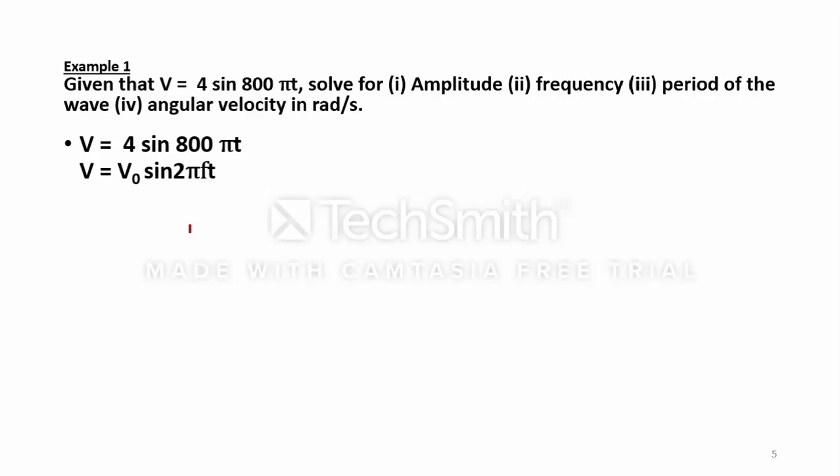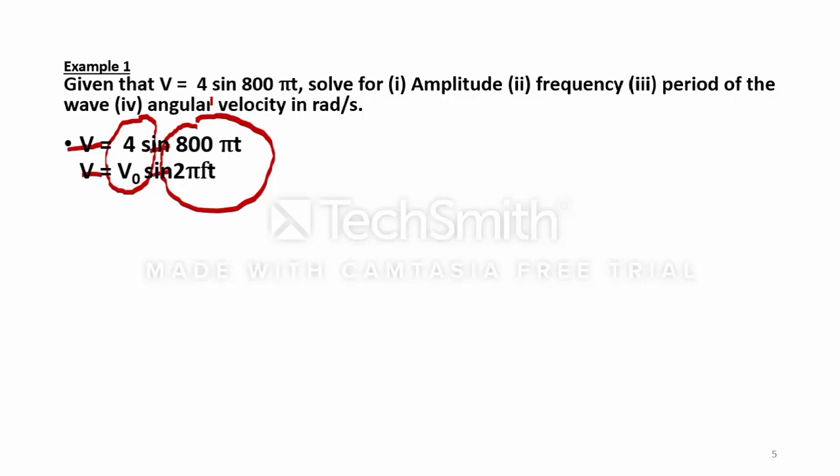So this will strike this. This, of course, will strike this. What do we have here? V naught equals 4. So if we compare equation 2 with the given equation, we will see that our amplitude, our peak voltage, is 4. We are also going to compare to deduce the frequency, period, and angular velocity.